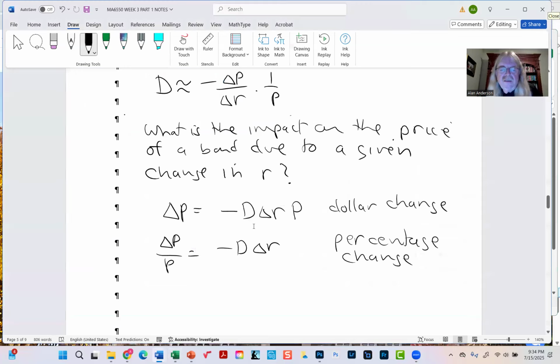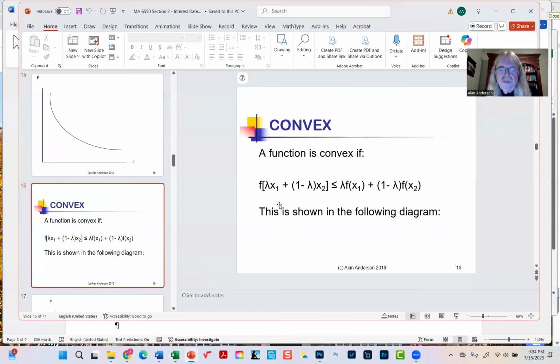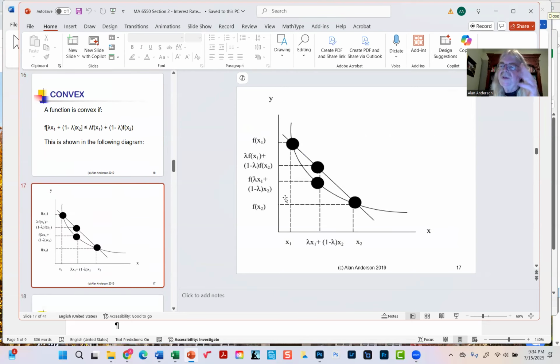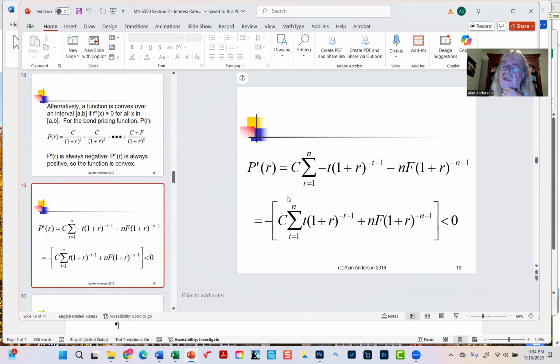All right. So now, this is the proof. If you want to use geometry, this is how you prove that a function is convex. I think it's interesting, but we can skip over this for now. Now, by the way, what you could do is actually differentiate this function with respect to r. I actually went ahead and did that.